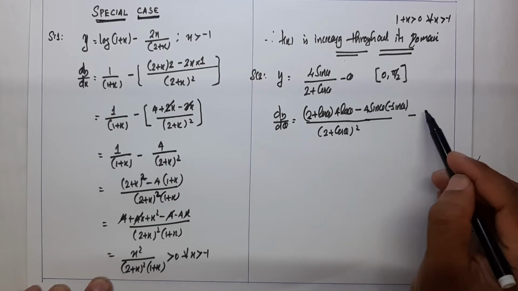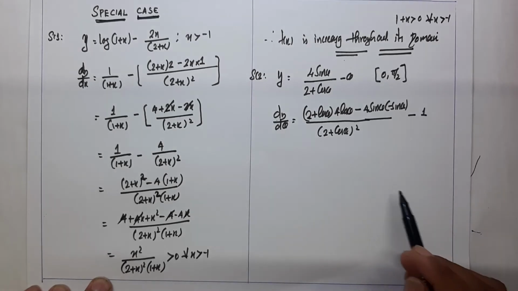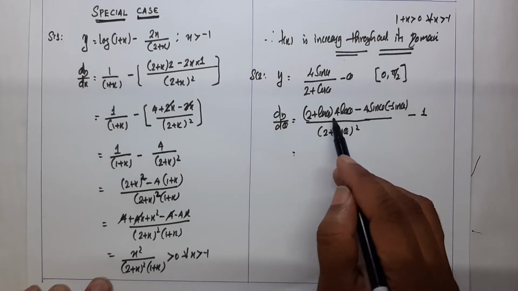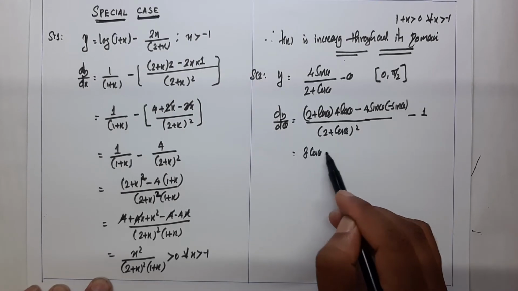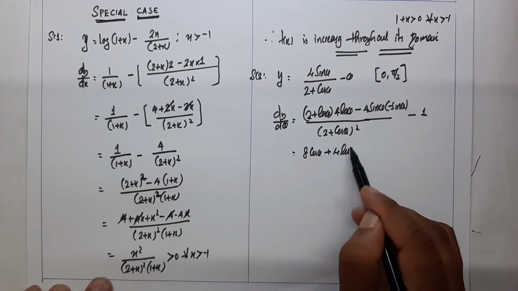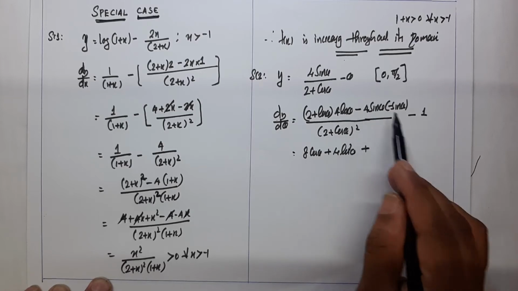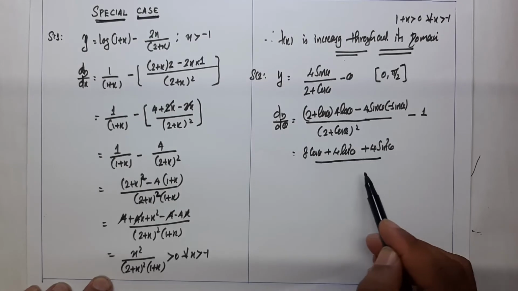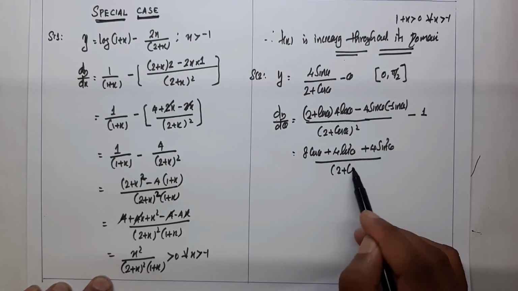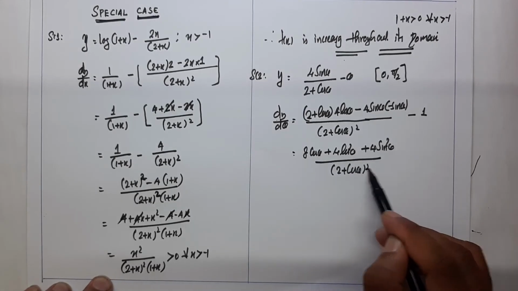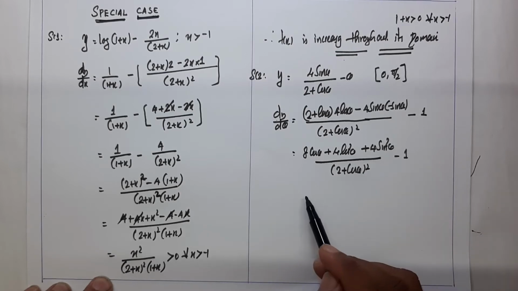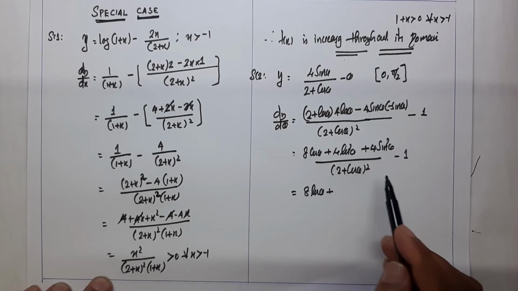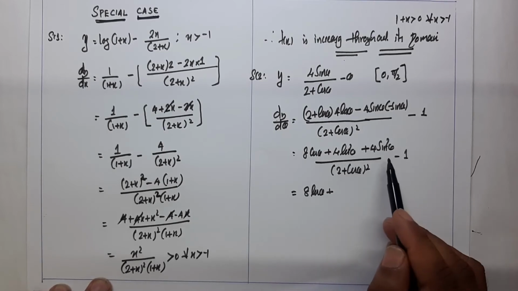Minus the derivative of theta with respect to theta, which is 1, is equal to, here 2 into 4 is 8 cos theta plus 4 cos square theta plus, minus into minus, plus 4 sin square theta, divided by 2 plus cos theta the whole square, minus 1. This is equal to 8 cos theta plus, here 4 is common, therefore 4 into cos square theta plus sin square theta.